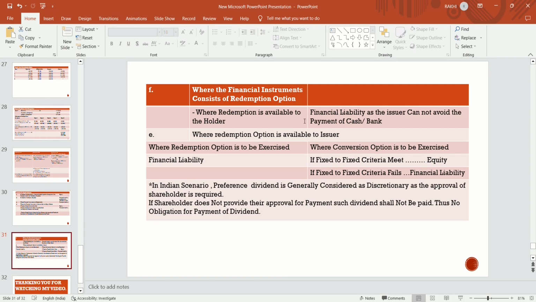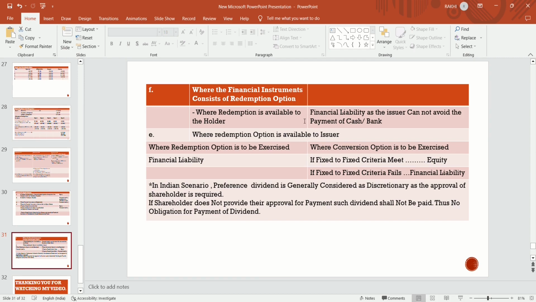When the redemption option is available in the hand of the issuer, not the holder, then when the redemption option is to be exercised, it should be treated as a financial liability. But when the conversion option is to be exercised, if the fixed-to-fixed criteria is met, it will be treated as equity. If the fixed-to-fixed criteria fails, it will be treated as a financial liability.